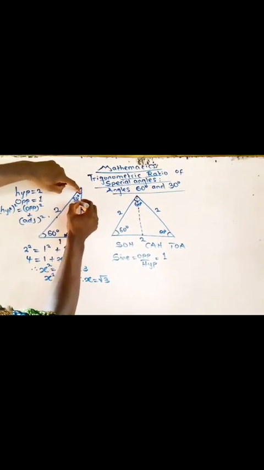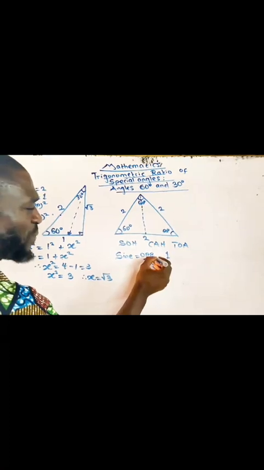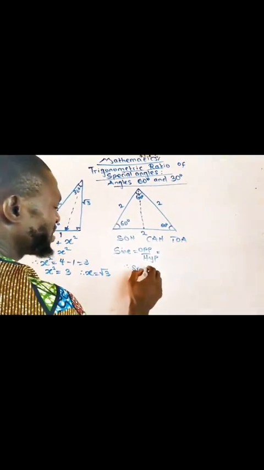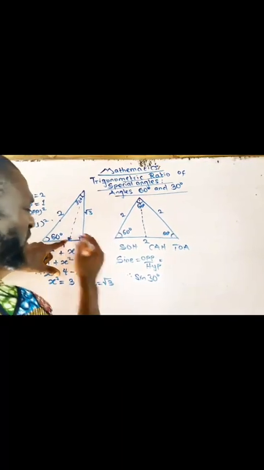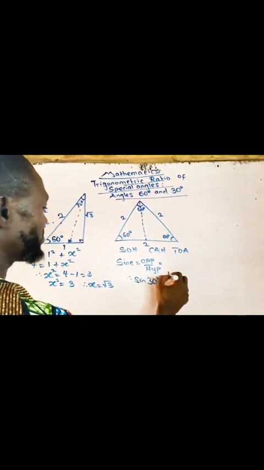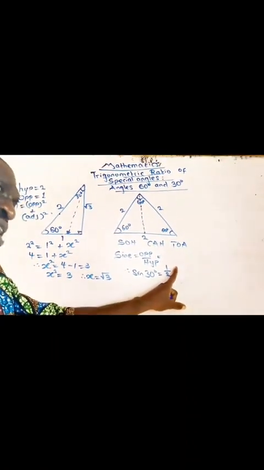Because it is the side that is opposite the angle under consideration. And the angle under consideration here is what? 30 degree. Remember, sine is equal to opposite over hypotenuse. Therefore, sine 30 degree, 30 degree being the angle under consideration here, we are going to have what? Opposite. Our opposite is 1. The hypotenuse is 2. Therefore, sine 30 degree is 1 over 2.